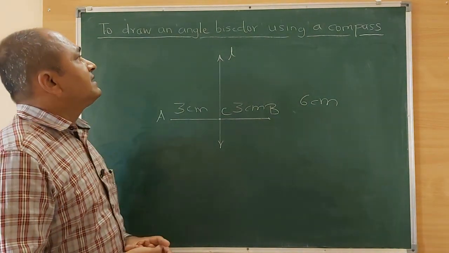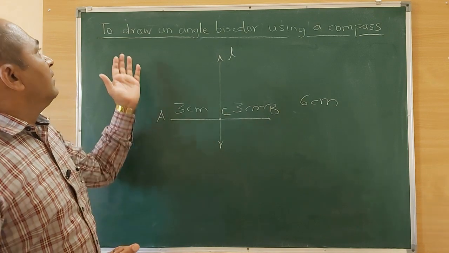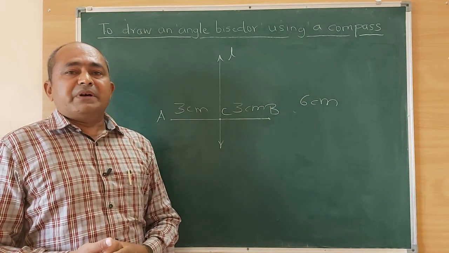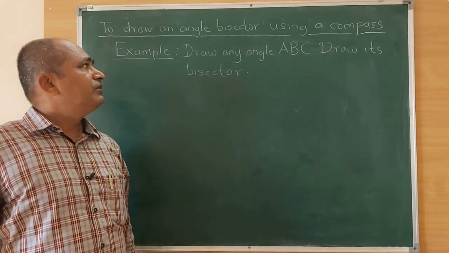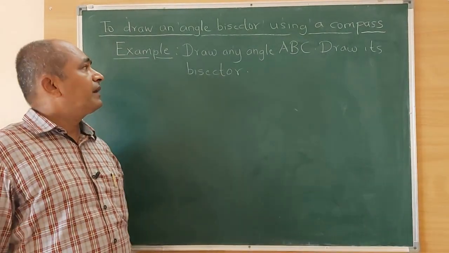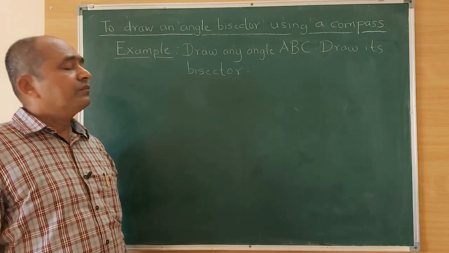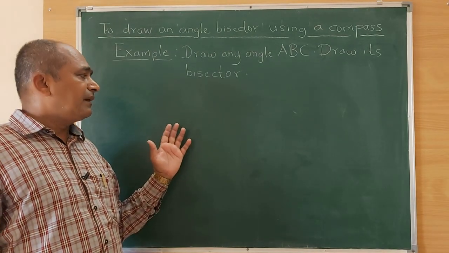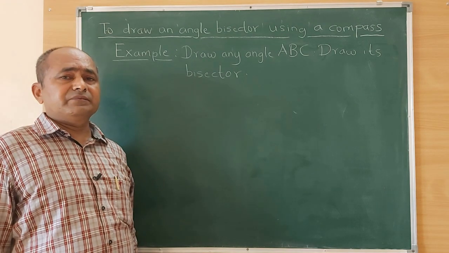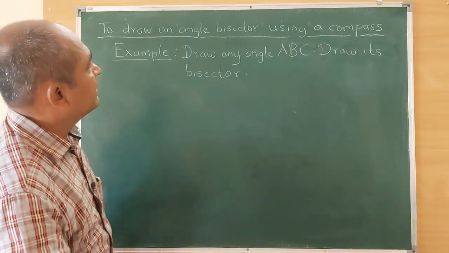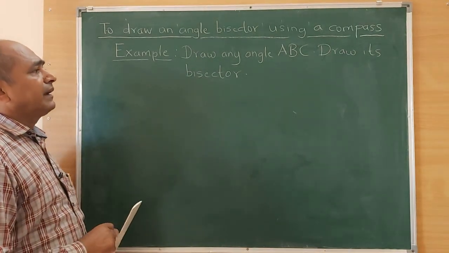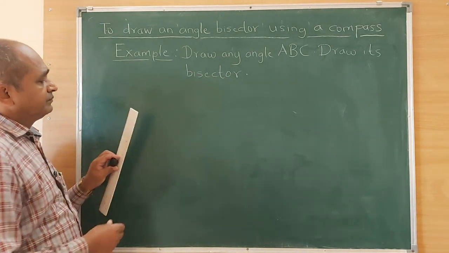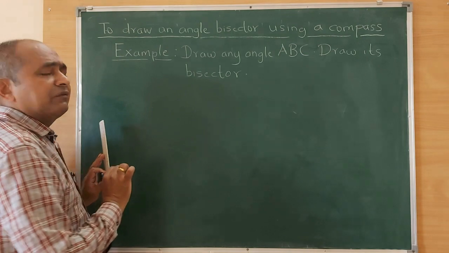So we'll see what is an angle bisector and how to bisect an angle using a compass. With this example, we will see how to draw an angle bisector of an angle which is of any measure. Suppose first I will draw an angle ABC without using a protractor, means of any measure.